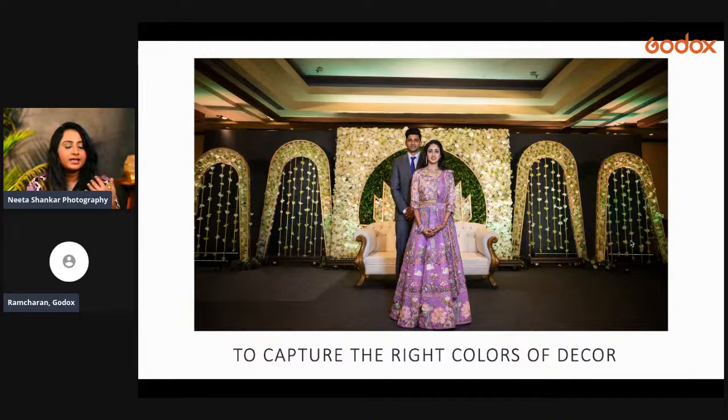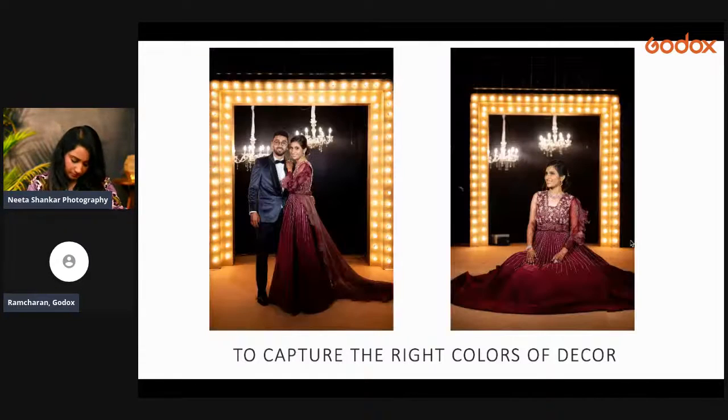When people have spent so much money on their wedding decor, if you don't get the right colors and right detail, it doesn't look nice. So in such scenarios, you need to use external light to light your subject so that the background light is captured as is. Again, another example to capture all the decor details.